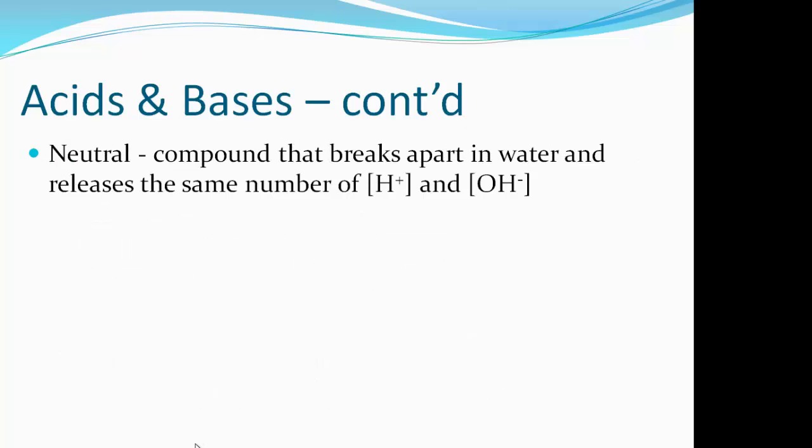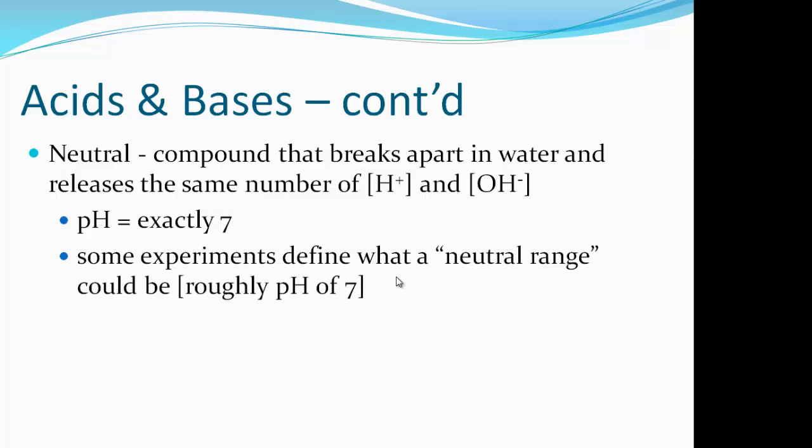So something that's neutral breaks apart in water and releases the same number of hydrogen and hydroxide ions. So it either doesn't dissociate or it breaks apart in even amounts. Our pH would be exactly 7.